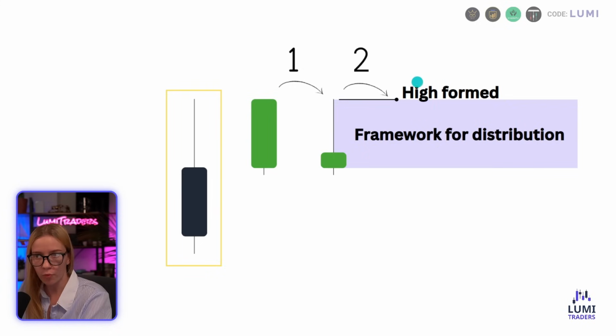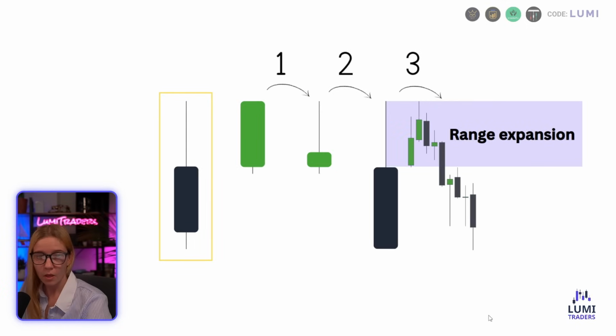So once the high is formed, we anticipate seeing a framework for distribution between the open and high of this candle. I will talk about it later today, but I would like to see a potential setup inside this purple box.